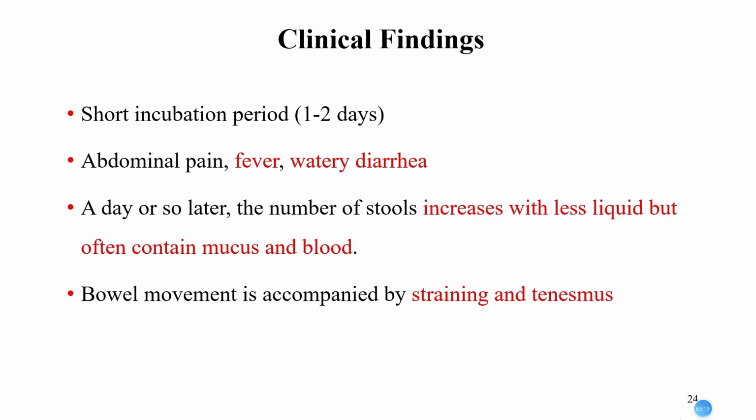There might be some isolated cases, but not popular anymore. Is it still a problem in your country? It's not common, right? Yes, with the improvement of sanitation and better living conditions, people have less chance to have Shigella infection.